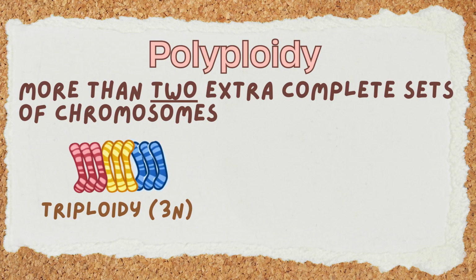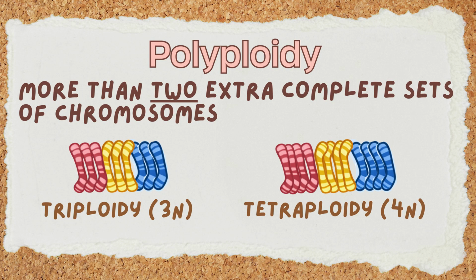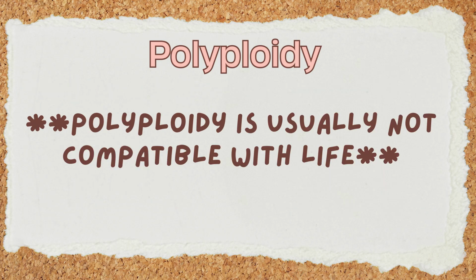You can also have tetraploidy, which equals 92 chromosomes, or 4 complete sets. Now here's the important teaching point. When you duplicate entire sets of chromosomes, you're disrupting the balance of thousands of genes at once. That's why polyploidy is usually not compatible with life.